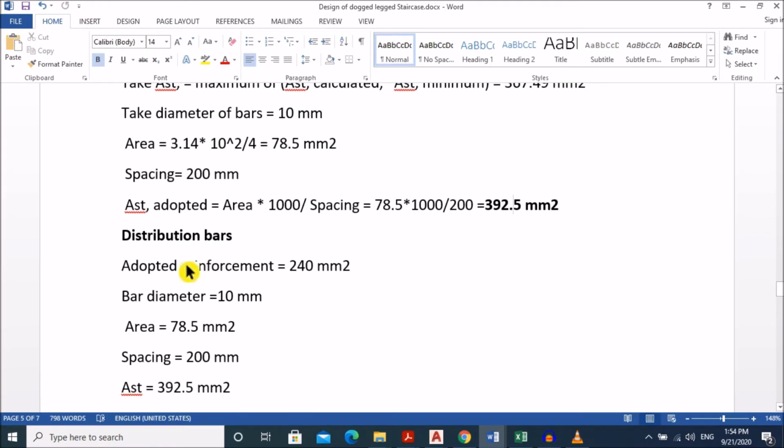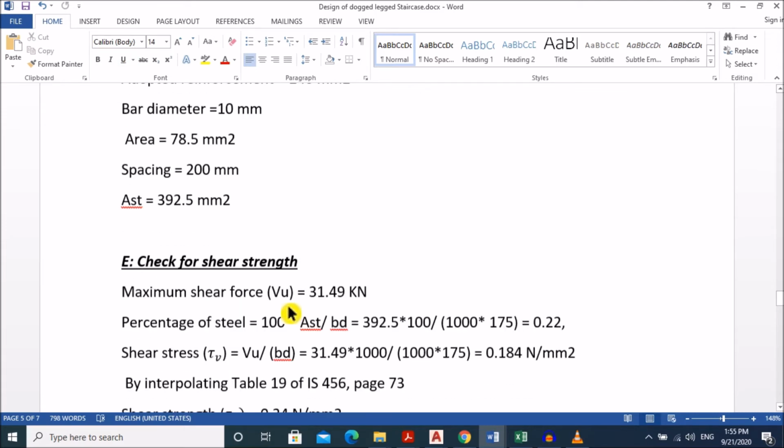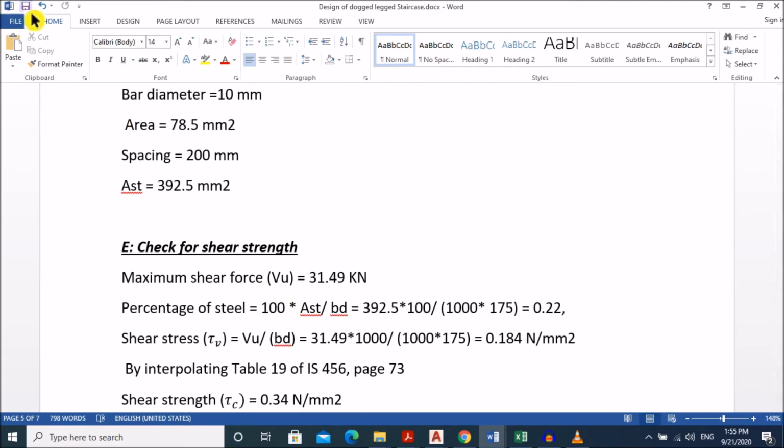For the distribution bar, the adopted reinforcement would be 240 mm square because it is the minimum reinforcement, and bar diameter 10 mm, area 78.5 mm square, spacing 200 mm, that gives Ast again 392.5 mm square. Check for shear strength.